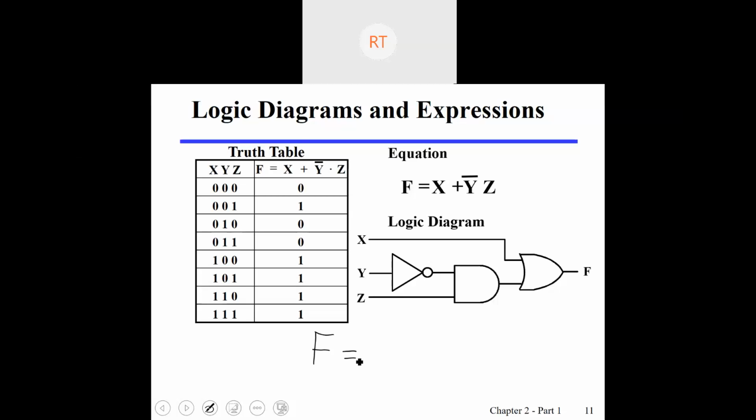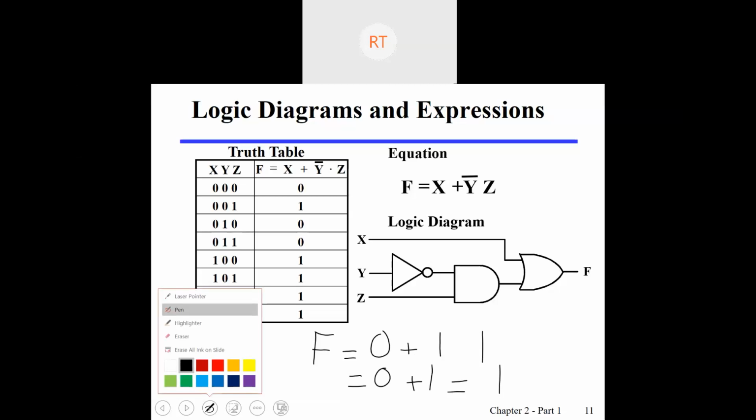X equals 0. And since we have y 0, y bar is 1, so 0 plus 1 times 1 equals 1. You have y bar, right? So 0 will become a 1. Times 1. And 1. So this is going to be 0 or 1. And of course it is a 1. Right? Clear, Carmen? Yes.